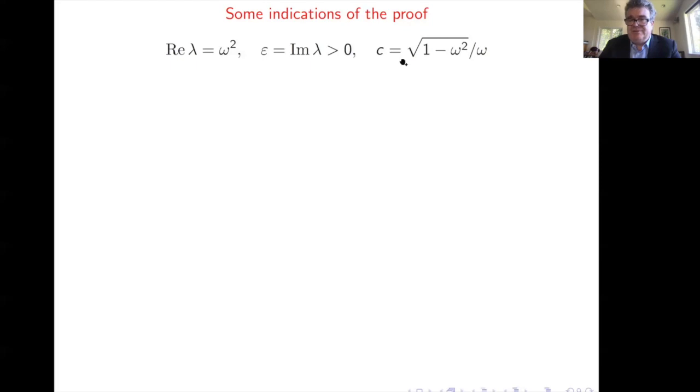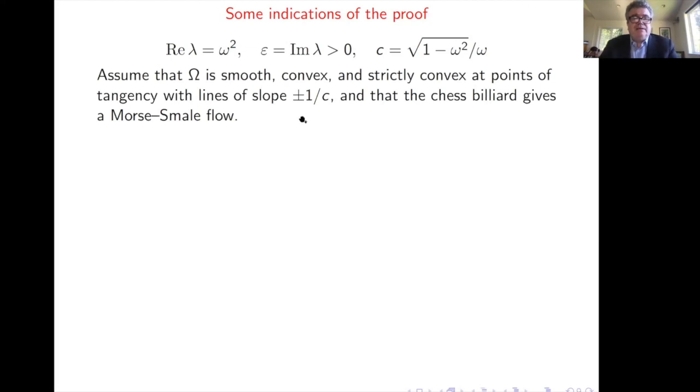And we have this speed of light, which is given by this formula here. And as I said, we make the geometric assumption about omega and the dynamical assumption that we have these hyperbolic attractors.